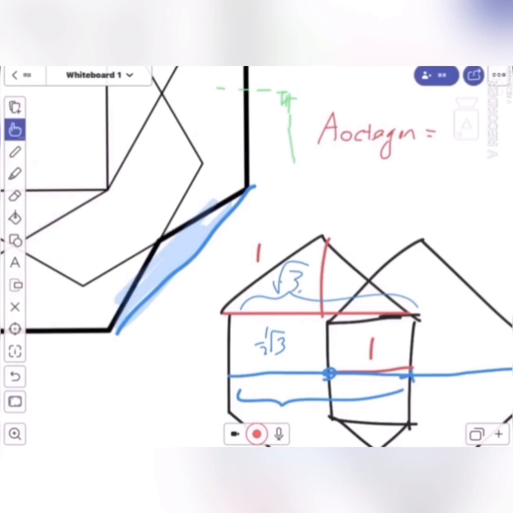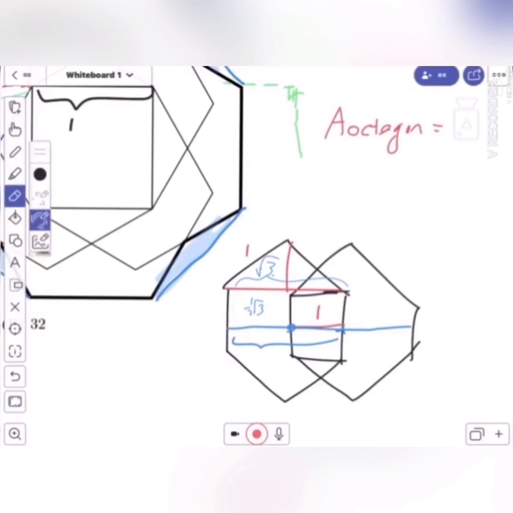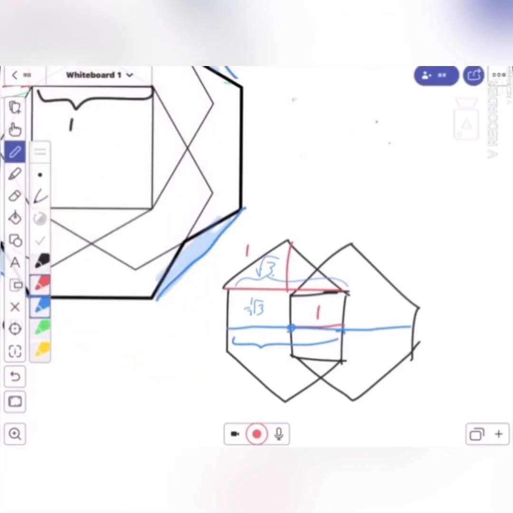Now, we know that the total length is equal to square root of 3, then what is happening here is that we can use the inclusion and exclusion principle.